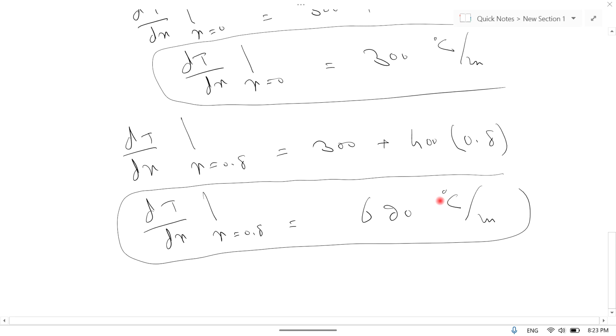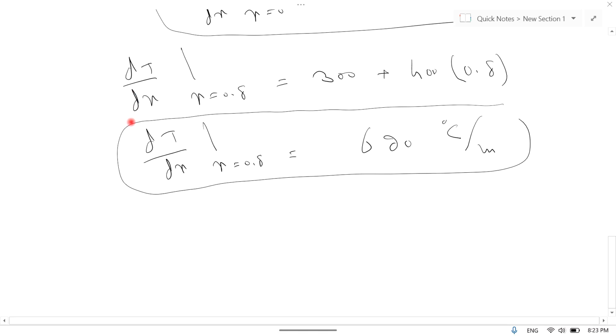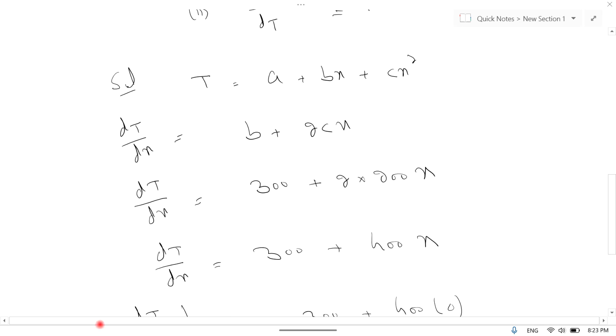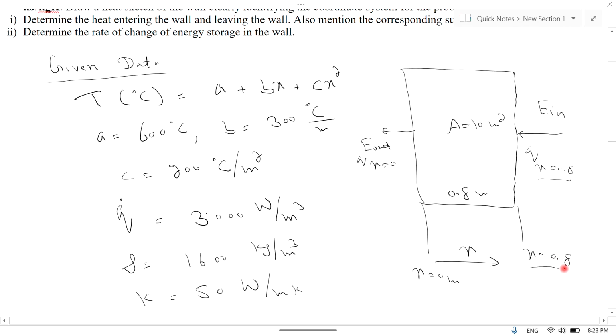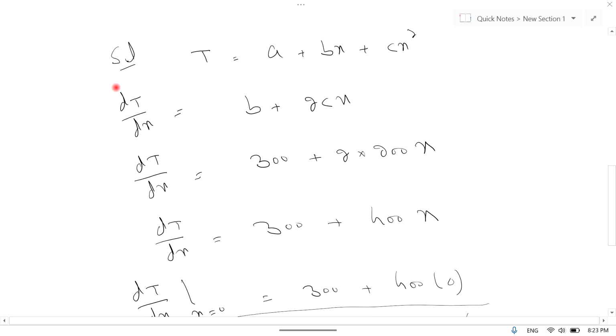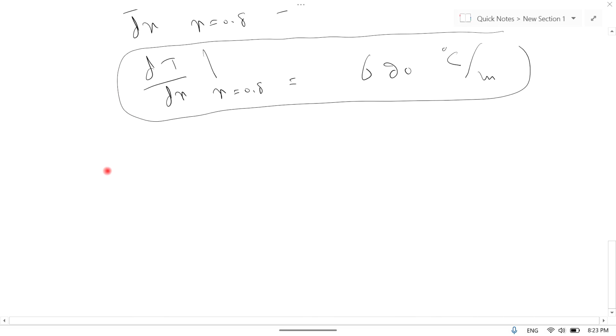Now it is required to find E in and E out. As we know, energy enters at x is equal to 0.8 and at x is equal to 0 energy goes out. So E in from the Fourier law is equal to Q at x is equal to 0.8, which is minus K A dT by dx at x is equal to 0.8 meter.